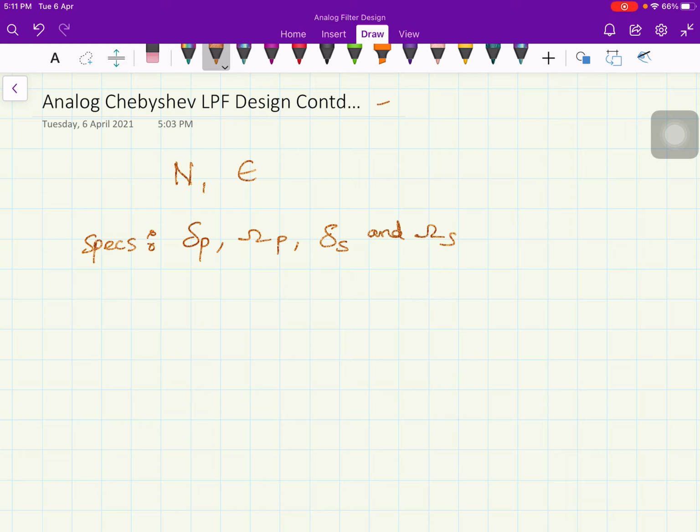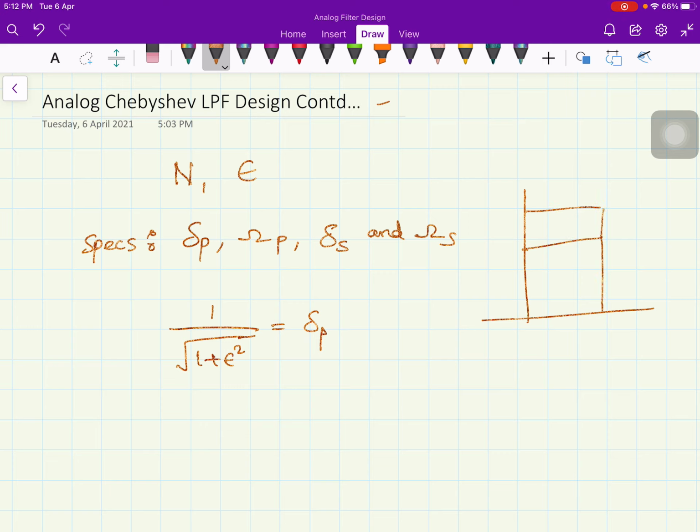Obviously, if delta p is known, then you can find out what epsilon is, because 1 over square root of 1 plus epsilon squared is equal to delta p. If you take the characteristic, it will be like this.